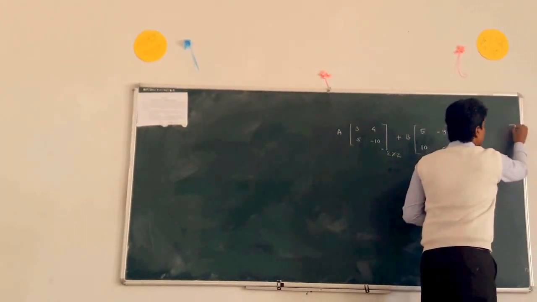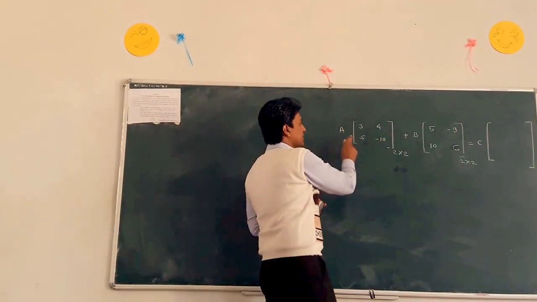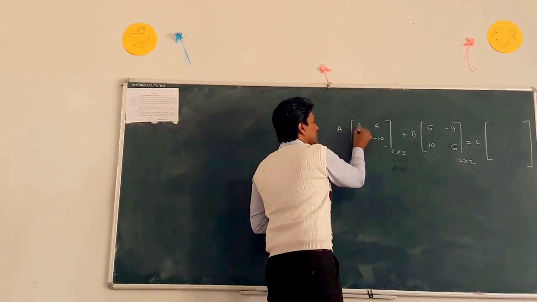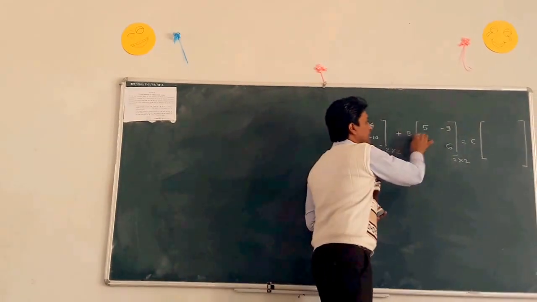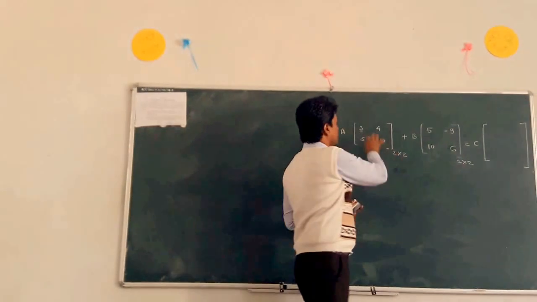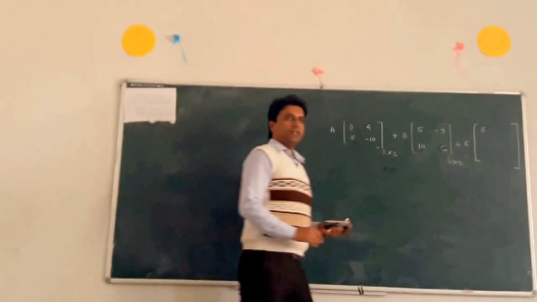Okay, so how can we make the addition of two matrices? Element A00 is added with the element B00. So what is the addition? 3 plus 5, that is 8. Clear?